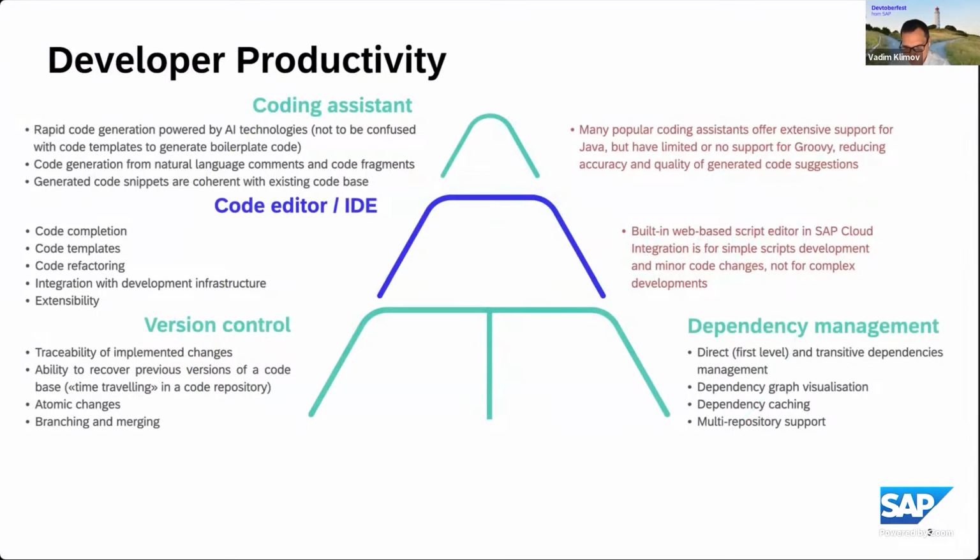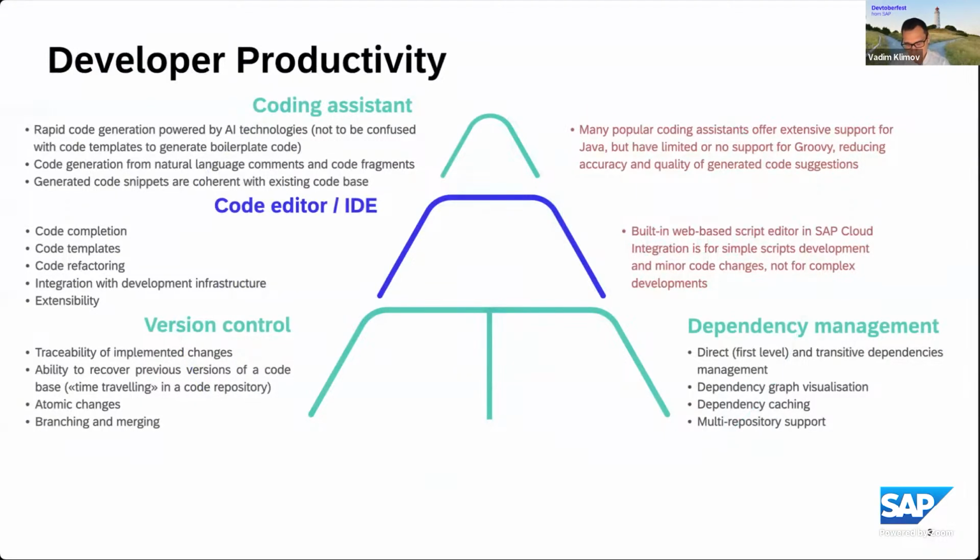So we can start typing the code, for example that we would like to parse the message body or extract some value from the XML payload, and the code assistant will propose the entire code snippet based on the beginning of the code that we type. These two capabilities are quite critical and quite useful in my personal view. They significantly boost the performance of the developer in SAP Cloud Integration.